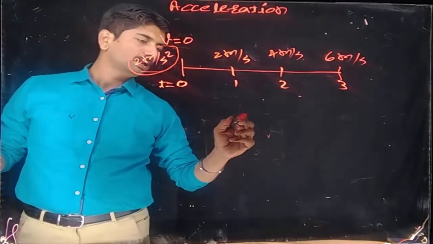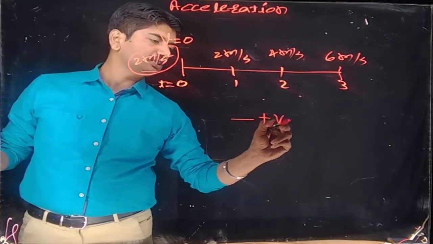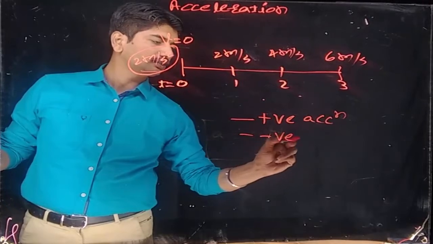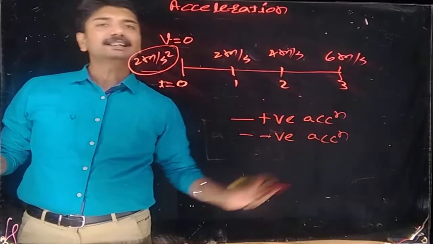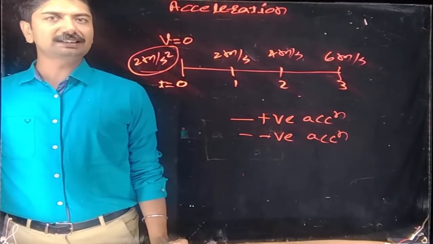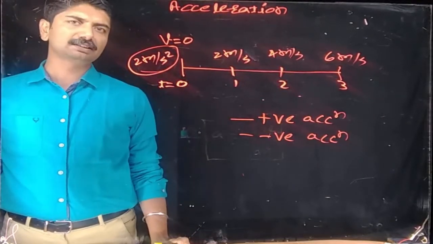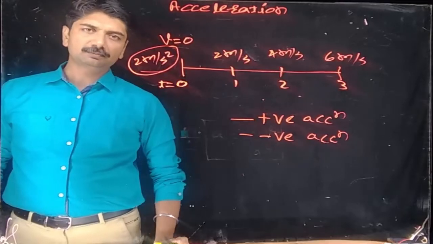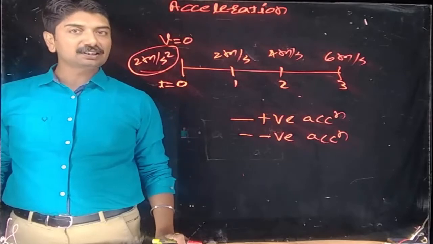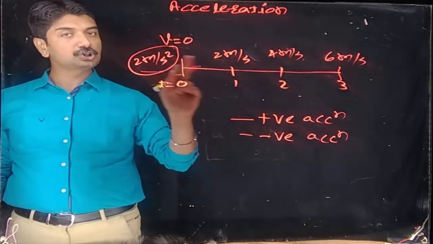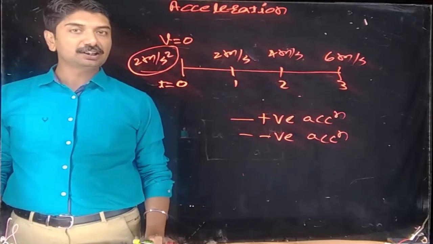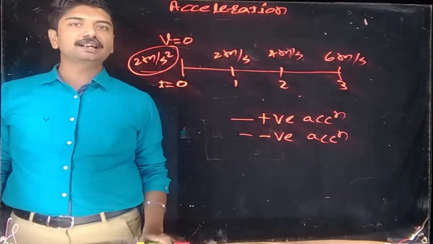Acceleration has two types. First is called positive acceleration and second is called negative acceleration. In the case of displacement and velocity, whatever the direction of velocity, the displacement is in the same direction, or vice versa. But in the case of acceleration, we are talking about the rate of change of velocity, and that change can be increasing or decreasing.